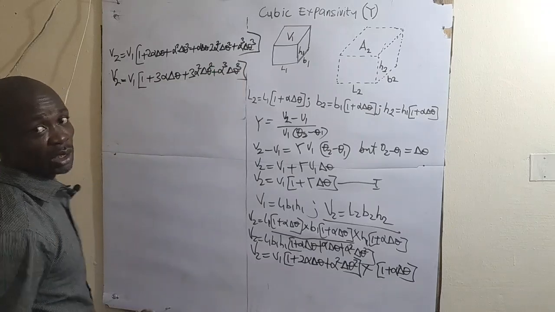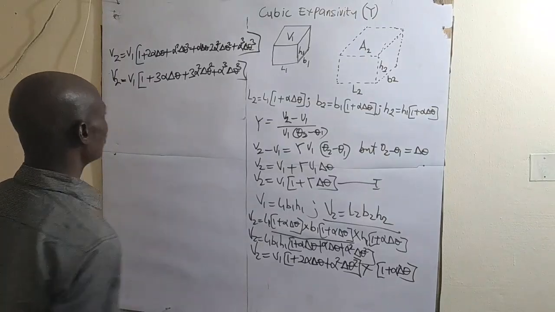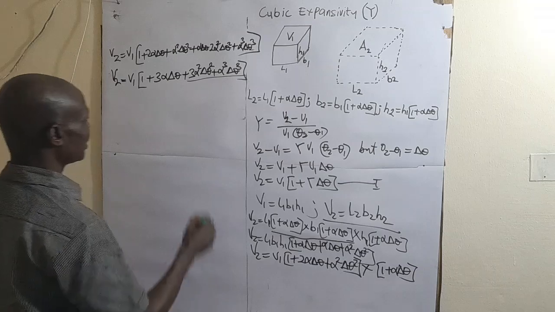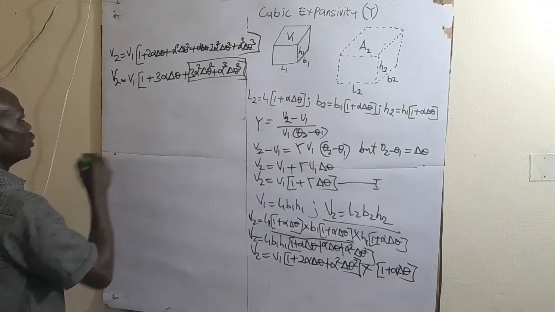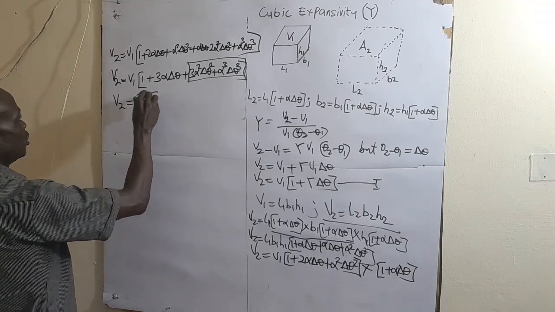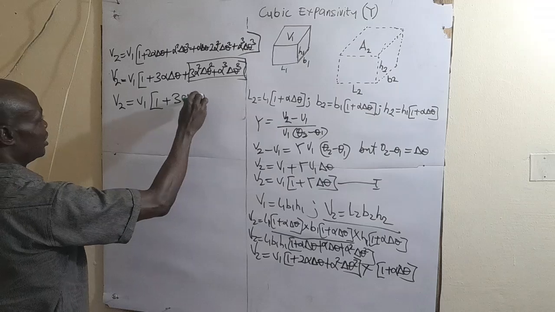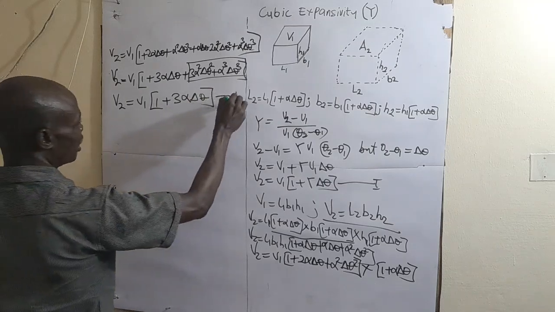Already we have stated that linear expansivity is too small, and when it is squared or cubed, the terms become insignificant because they have no real values here. So we have V2 is equal to V1 bracket 1 plus 3 alpha change in theta. This is going to be our equation 2.